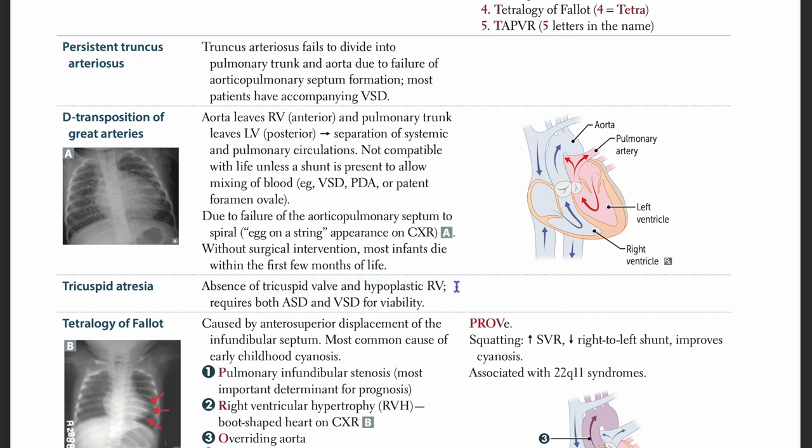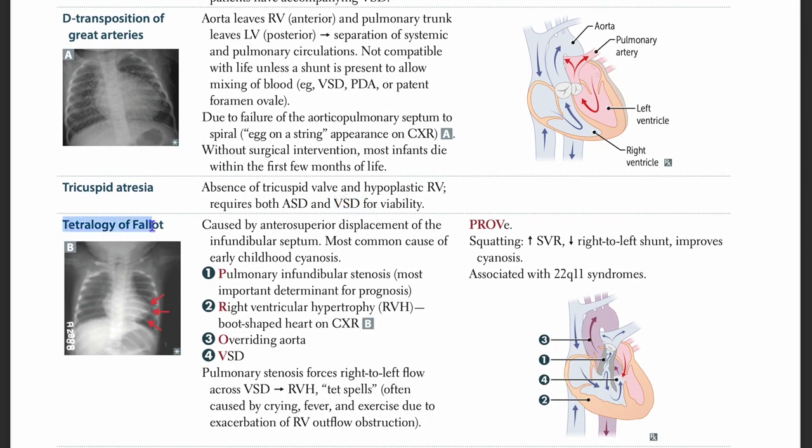It gets atrophied, right? So hypoplastic right ventricle requires both ASD and VSD, because this way it's going to go from the right atrium to the left atrium, then left atrium to left ventricle, and left ventricle to the right ventricle to go into the pulmonary trunk, right? So that's why you need both ASD and VSD for viability.